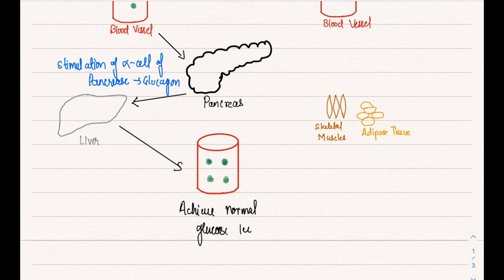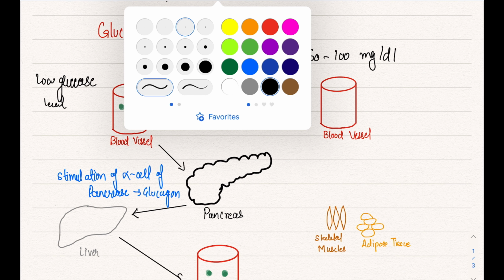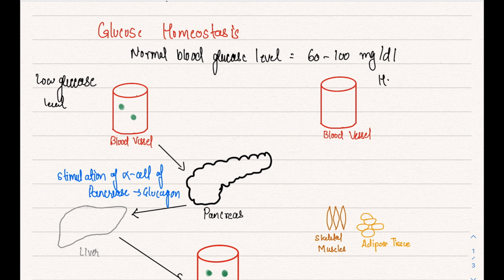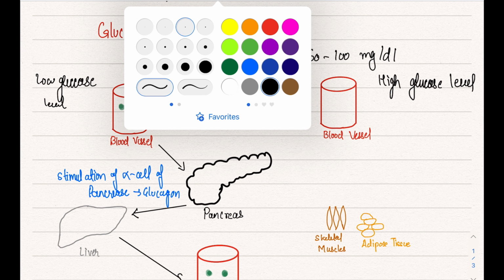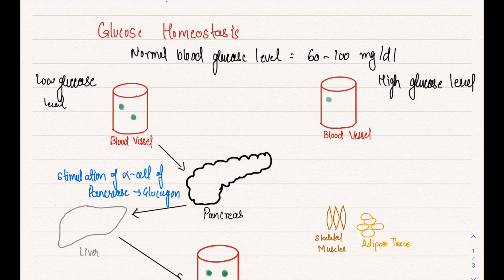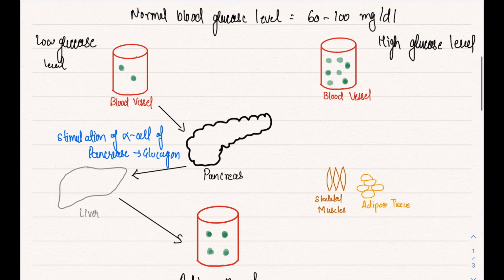Now let's talk about the other condition. What happens when there is a high glucose level? When there is a high glucose level, there will be a lot of glucose molecules in your blood vessel.